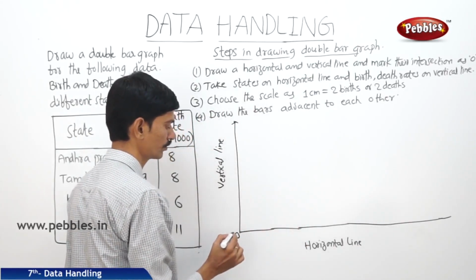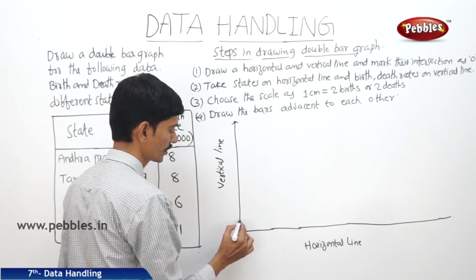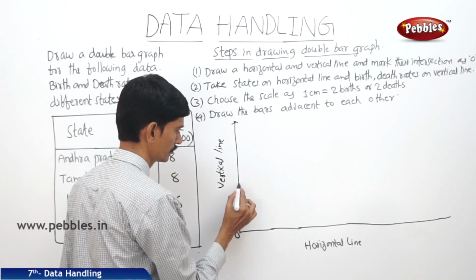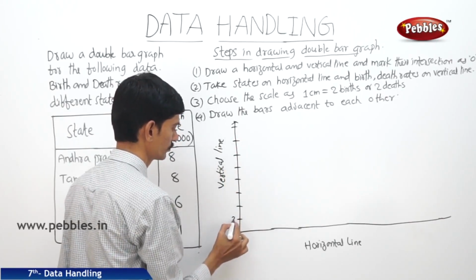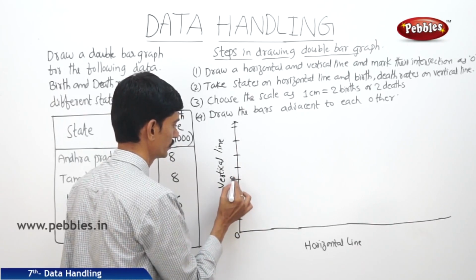The intersection of these two axes is O, and mark on the vertical line as 2, 4, 6, 8.